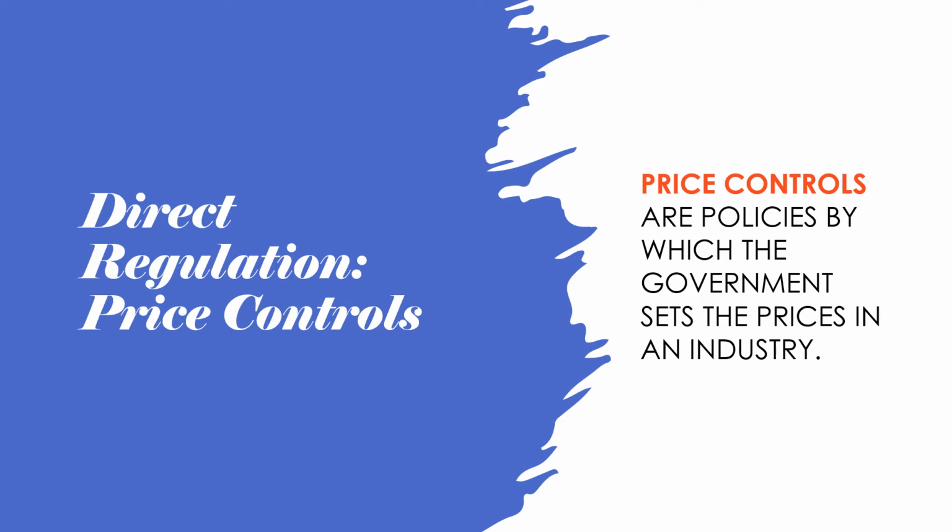Price controls have lost favor among many economists and policymakers due to the difficulty of pinpointing the price that will achieve efficiency. It is difficult for the government to accurately assess firms' marginal cost and consumers' willingness to pay. And if the factors that determine cost should change, the marginal cost becomes a moving target.